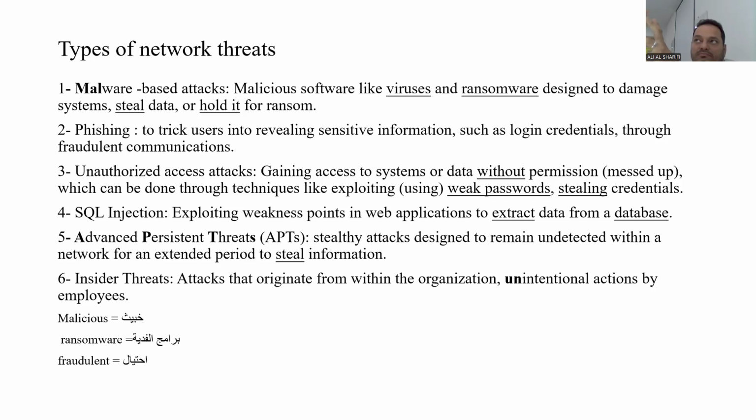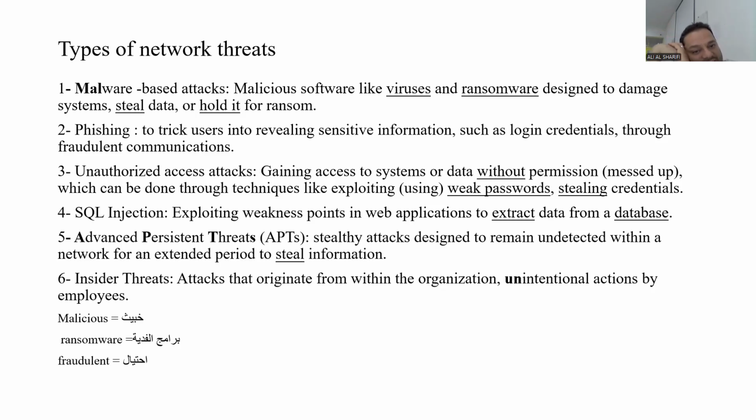He says he is the manager, some important character in your society, and he asks you to give him some money, and after that you will know the situation is not as you thought, and you lose money. Okay, all of these are illegal.